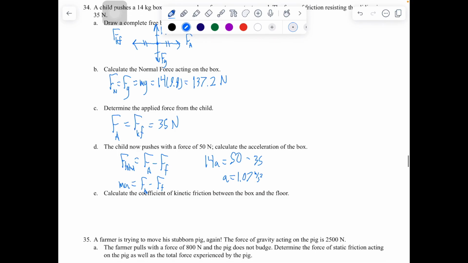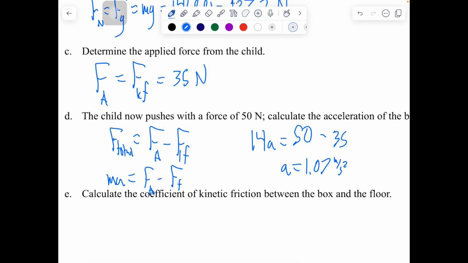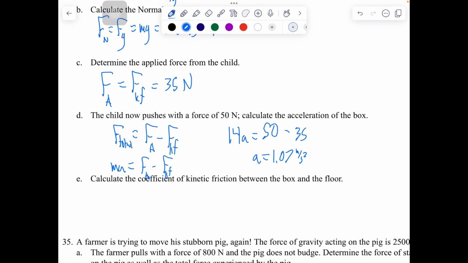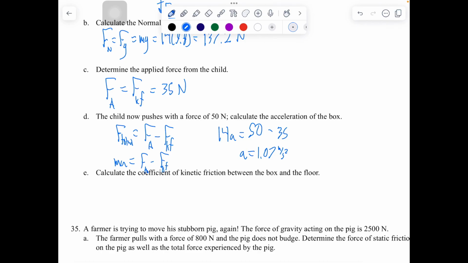Coefficient of kinetic friction. This, of course, we want to be specific. This is our kinetic friction. We know kinetic friction is 35. So let's use our kinetic friction equation. It is the coefficient of kinetic friction times normal force. Our force of kinetic friction is 35.